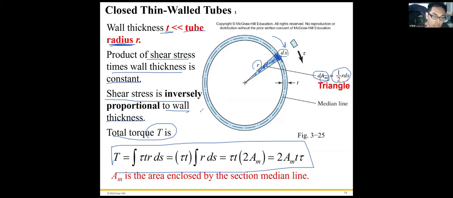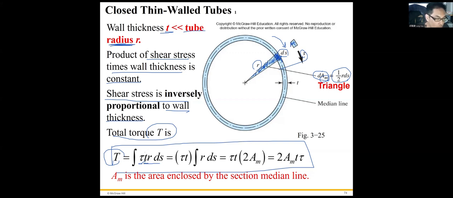Okay, so we can take the integration. We can get the torque T equals the integration of the shear stress times t times r times ds.